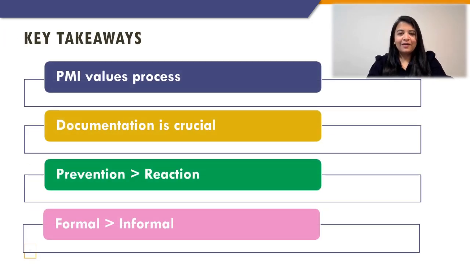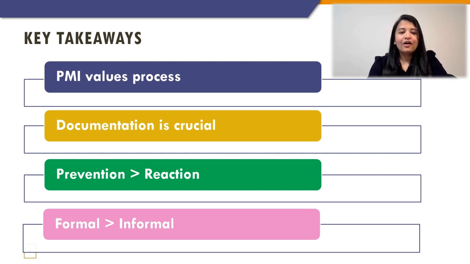So before we wrap up, let's reinforce the key takeaways from our discussion today. PMI consistently values process over quick action. So PMI is always going to value processes, not quick fixes. Second, documentation isn't just important, it's crucial from PMI's world perspective. They always prefer prevention over reaction and formal approaches over informal ones, like what we had discussed a while ago.